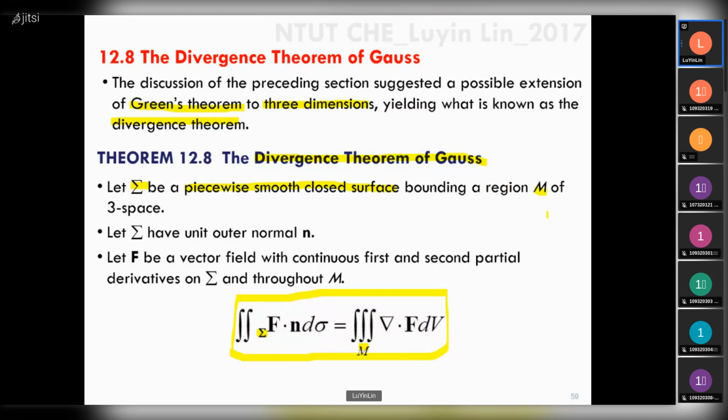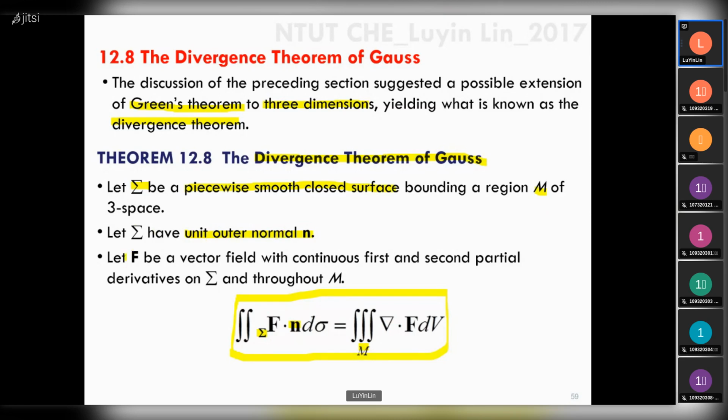Then what is N? N is the unit outer normal vector, pointing outward relative to sigma.